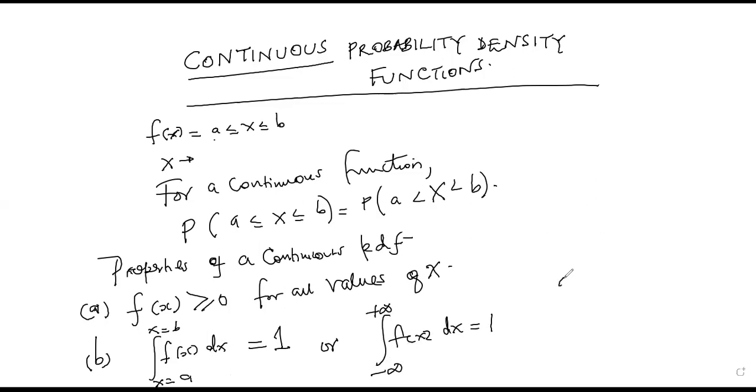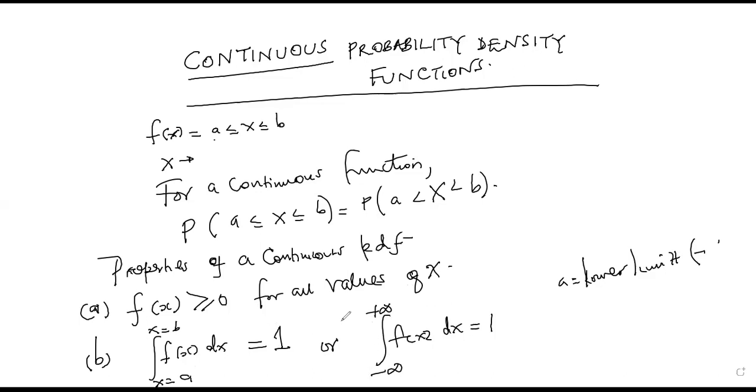Here a stands for a lower limit, which can be negative infinity, and b is our upper limit of the domain.